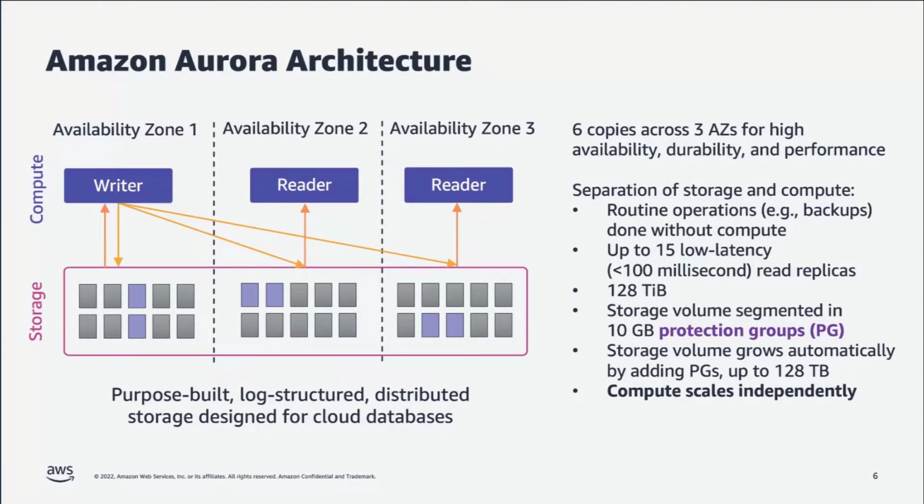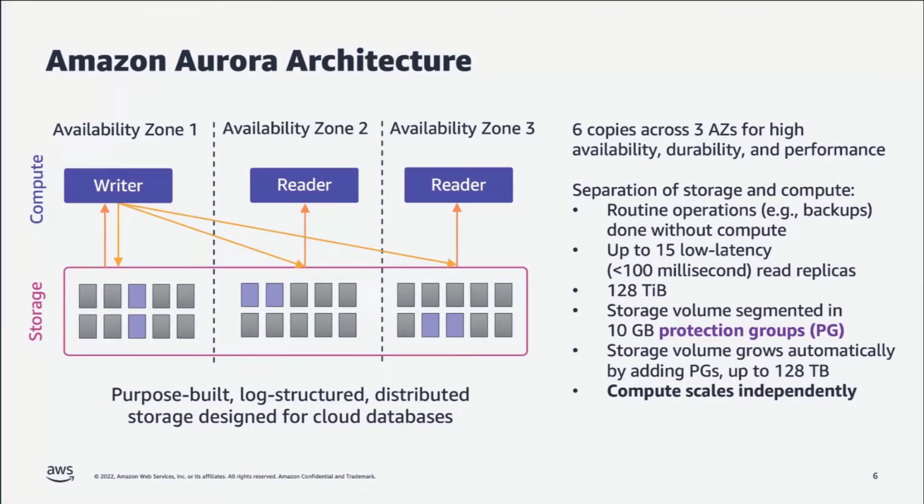Amazon Aurora storage is also self-healing. Data blocks and disks are continuously scanned for errors and repaired automatically at the storage layer, and that's without disrupting your workloads on the database engine. You can also add up to 15 low latency read replicas to the same storage volume, and you can use these to scale out your read intensive workloads.